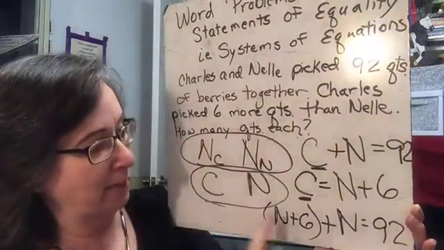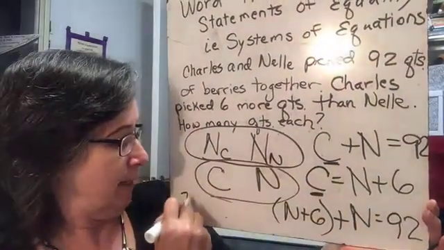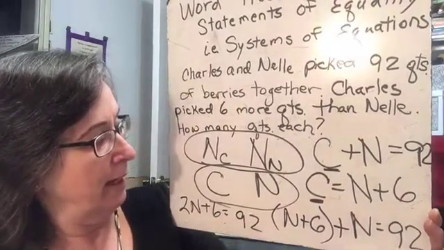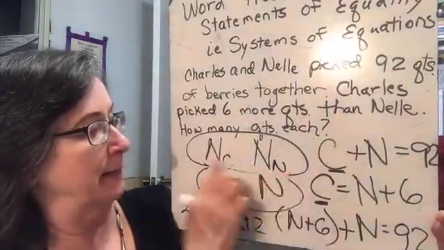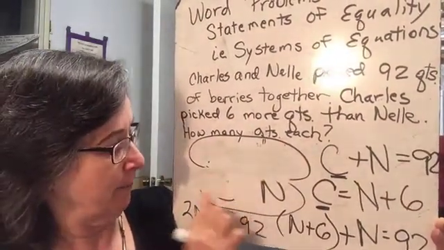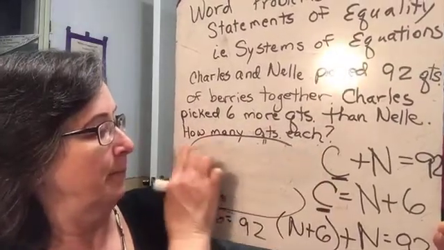And we wind up getting twice N plus 6, so twice N plus 6 is 92. Now, I've got it a little bit crowded because I put all this up there, so I'm going to take this down. So I have a little bit more room to finish up.